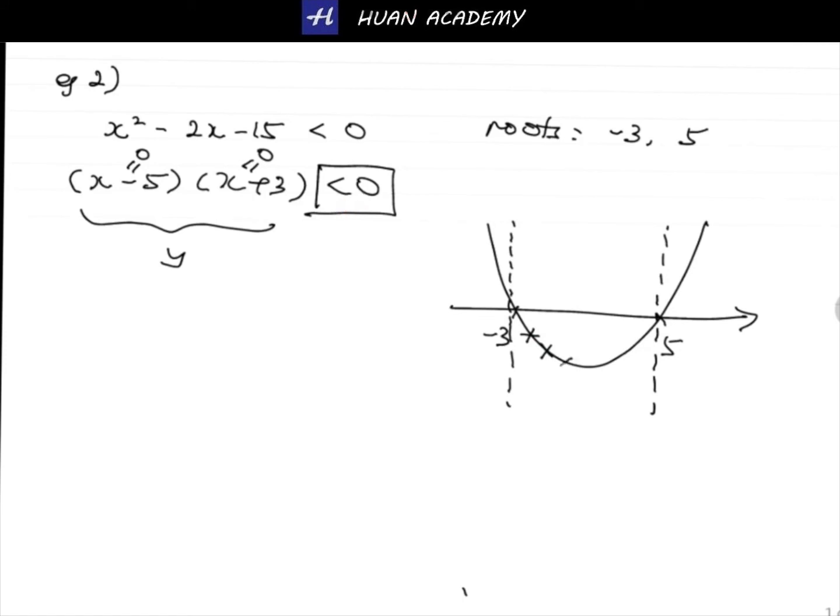So where is y smaller than 0? y smaller than 0 is here. All these points are the ones for which y is smaller than 0. So this is zone 2, for which x is greater than -3 and smaller than 5. So the solution is x greater than -3 but smaller than 5.